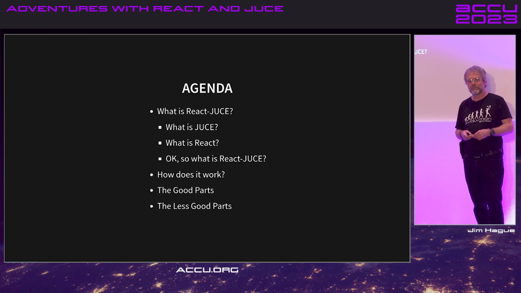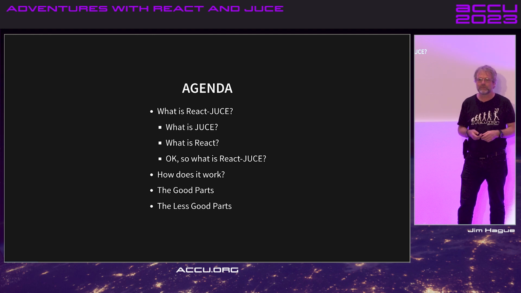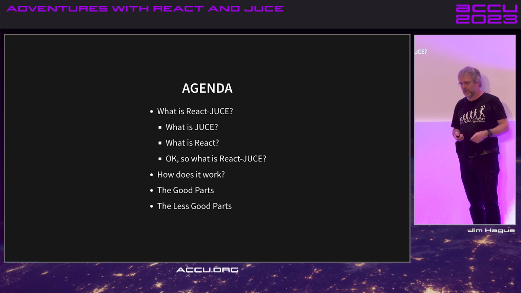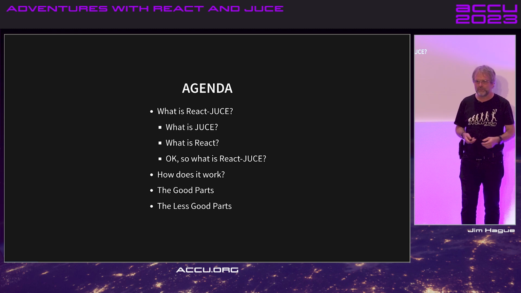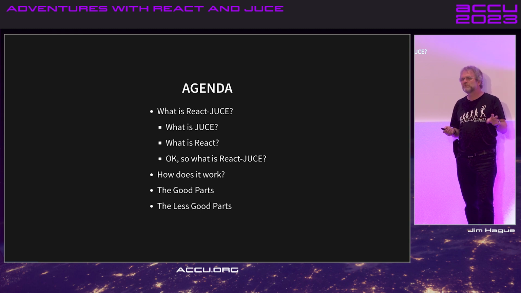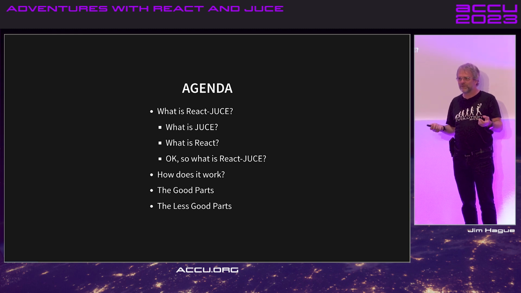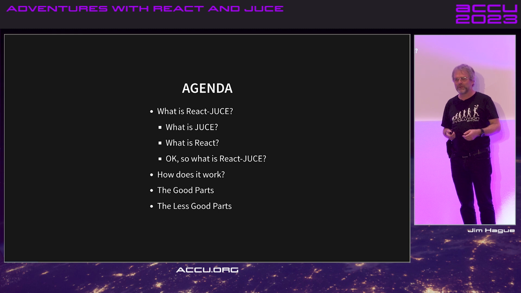And once we've done that, and you're ready to fall asleep or throw things, we'll just move on to a little summary of what the good things have been about this project and what some of the less good things have been. And as we go, I'd really love it if you would tell me your experiences as well.